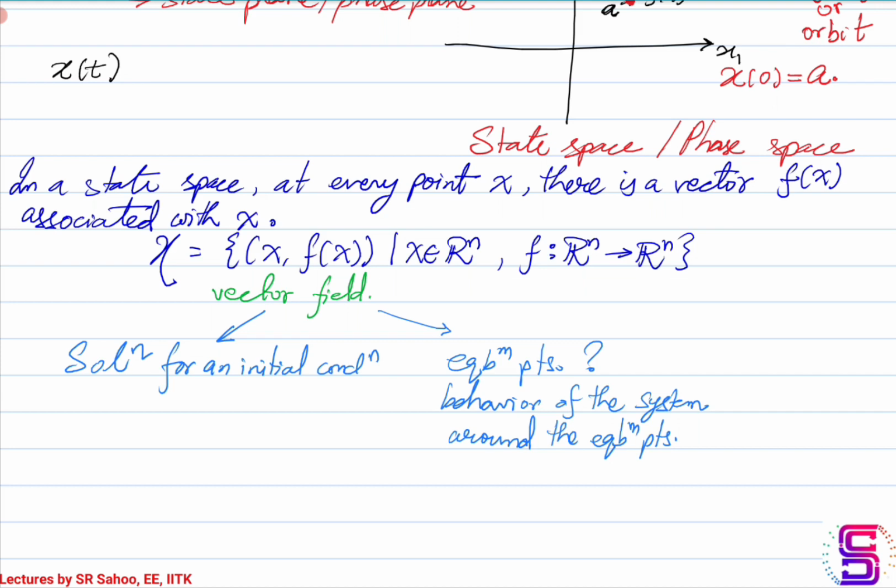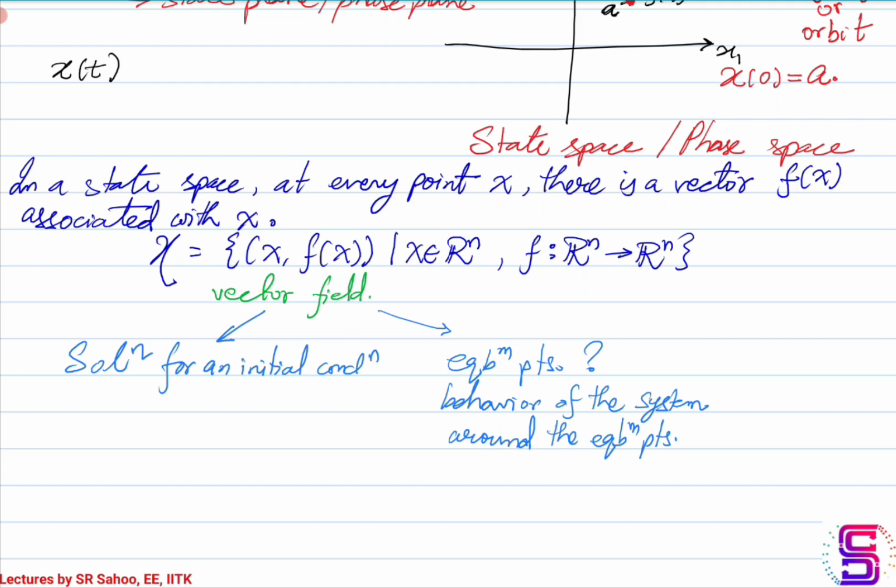If you start at a point which is arbitrarily close to the equilibrium point, but is not the equilibrium point, then there is a non-zero vector associated with it. That vector will indicate the direction of evolution and also the magnitude of evolution. From there on, you will be able to predict the locus of the trajectory on the state space for the initial condition you have chosen.